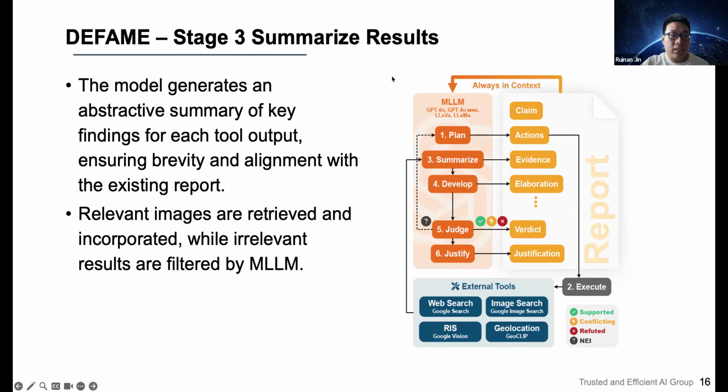And stage three is for summarizing the results. In this stage, the model generates an abstractive summary of key findings for each tool output, ensuring brevity and alignment with the existing report. The relevant images are retrieved and incorporated, while the irrelevant results are filtered by the MLLM.